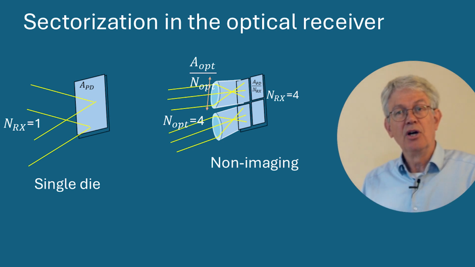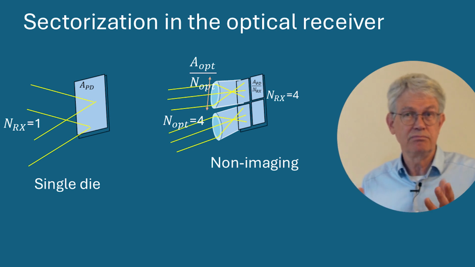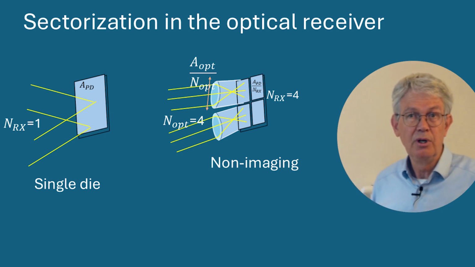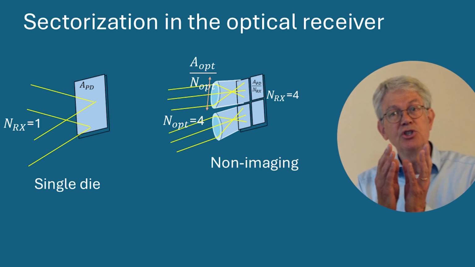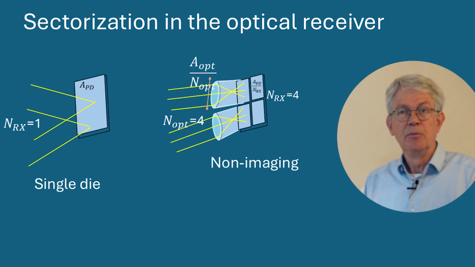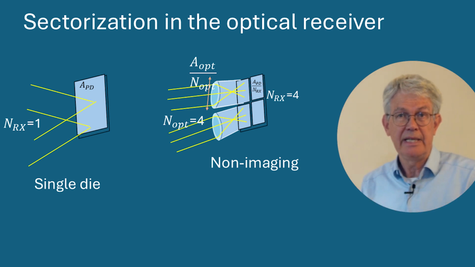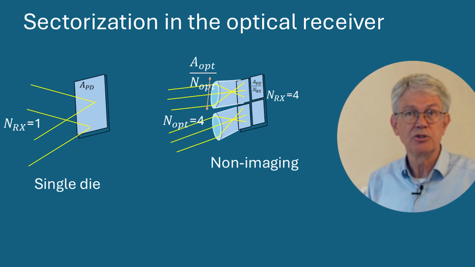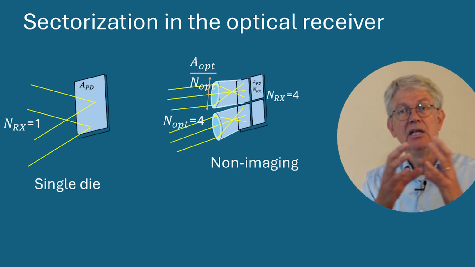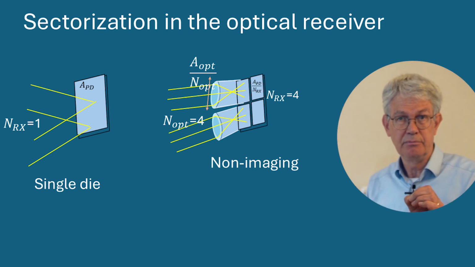So we could think of a solution of having collimators. We split up the photodiode, in this example, in 4 areas, and each of these photodiodes has its own collimator. But that means that I need 4 of these collimators together in the device, in the box. So the total optical area is 4 times larger than the area of one segment.